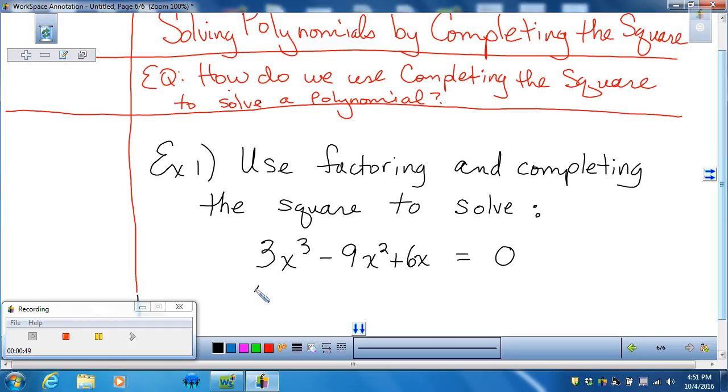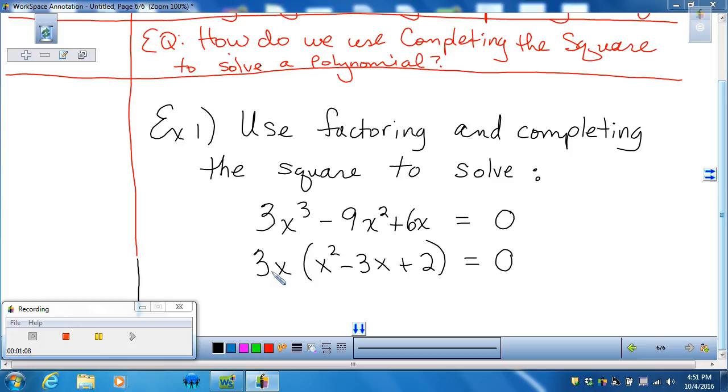So I'm going to factor out 3x from the equation, and I'm left with x squared take away 3x plus 2, and that's equal to 0.